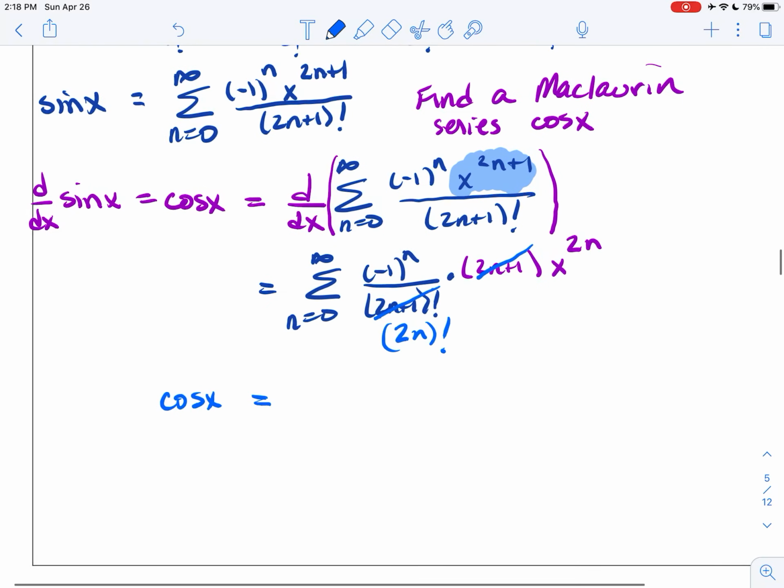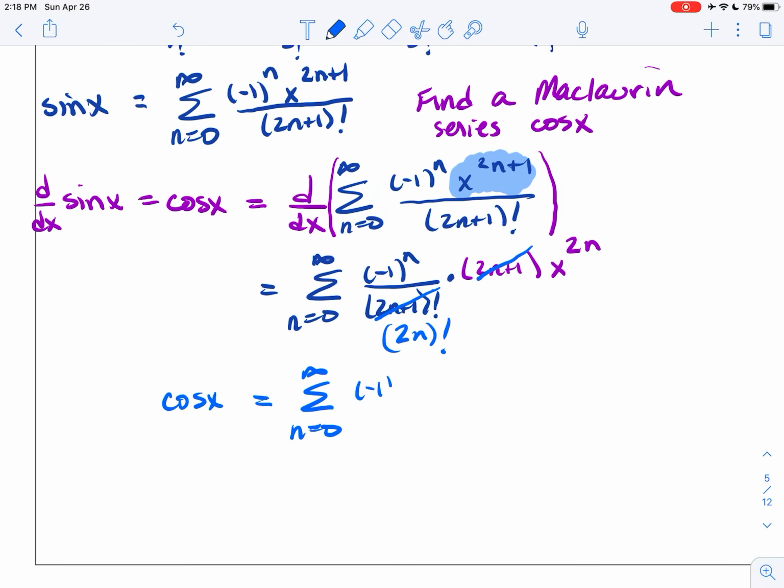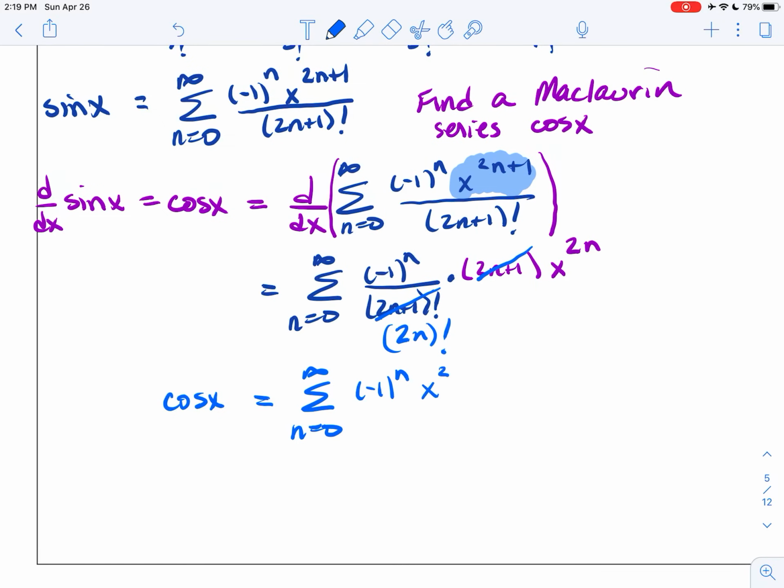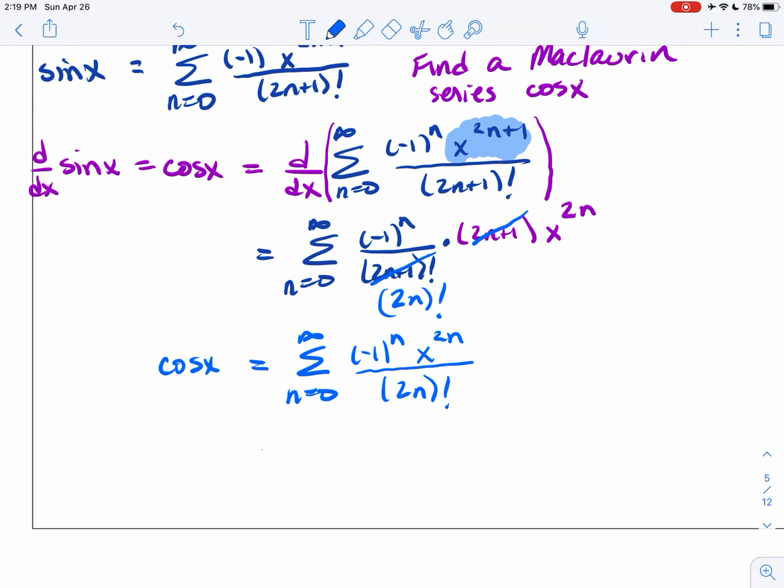So I can conclude that a Maclaurin series for cosine x is the sum from n equals 0 to infinity of (-1)^n x^(2n) over (2n) factorial.